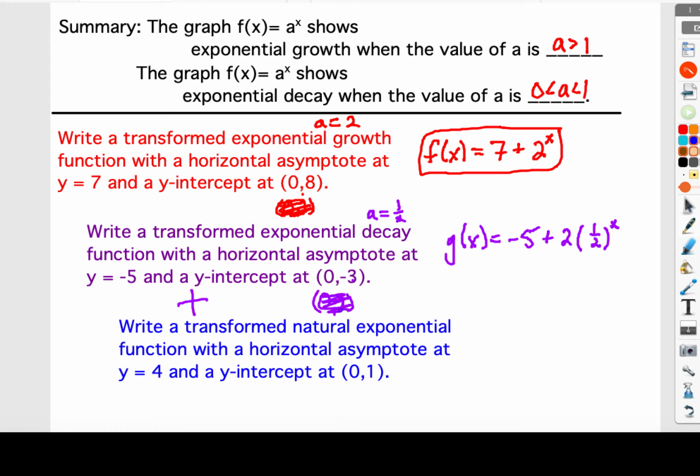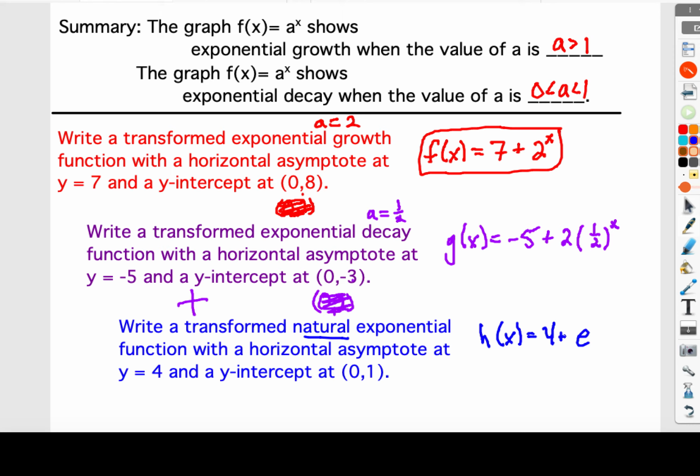And then finally, notice at the bottom, how about a natural exponential function, right? Well, immediately I'm thinking that means we've got e to a power. Horizontal asymptote at 4. Well, I better shift up 4 units. And again, a y-intercept of 1, 0, 1. Well, now normally it's at 0, 1, but I'm already shifted up 4 units. And if I'm going to be below the asymptote, I'm already thinking, well, that better be a negative, right?